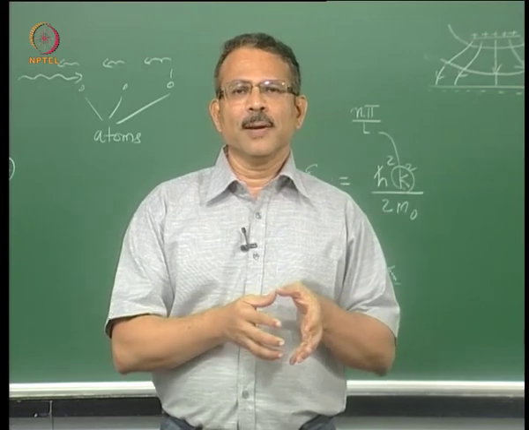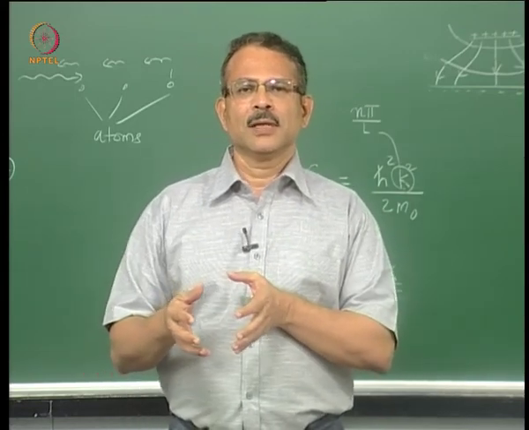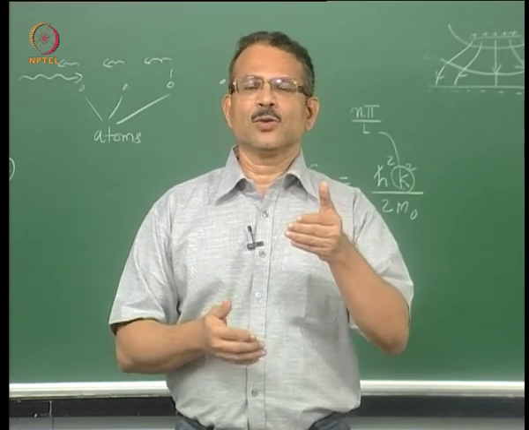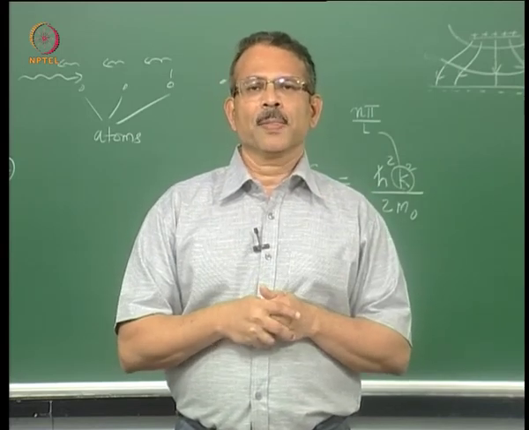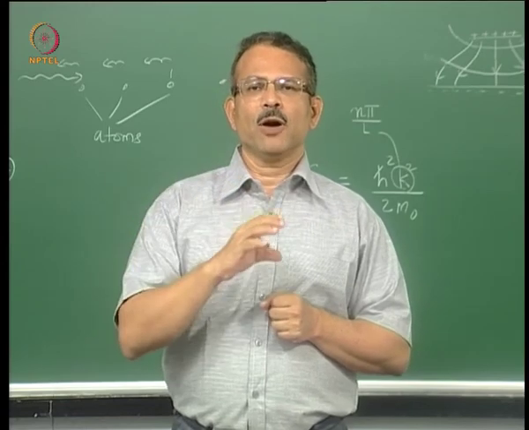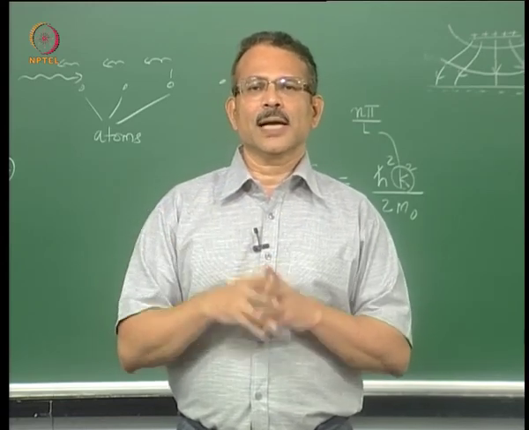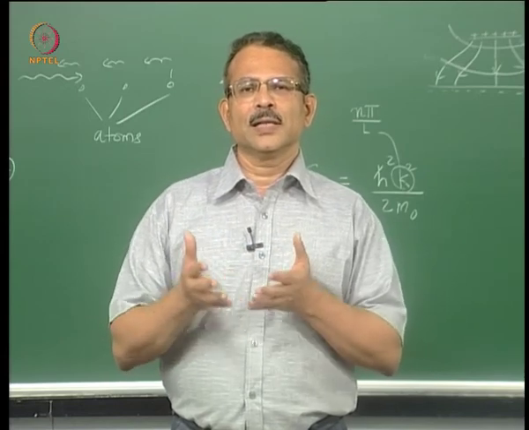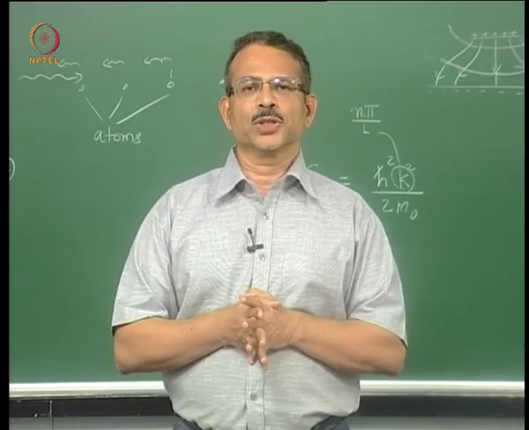The moment you introduce a periodic potential and subject the electron to this periodic potential, certain bands of energies become forbidden. So, the formation of forbidden bands is the characteristic of the Brillouin single electron or nearly free electron approach.